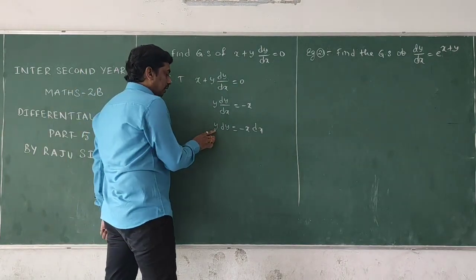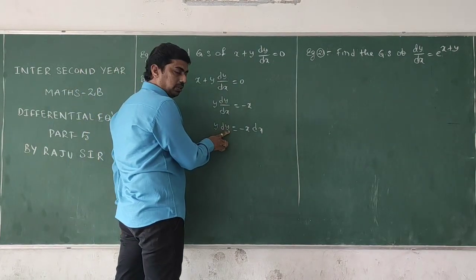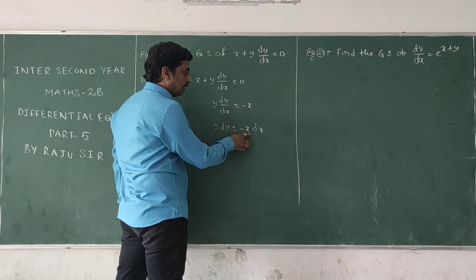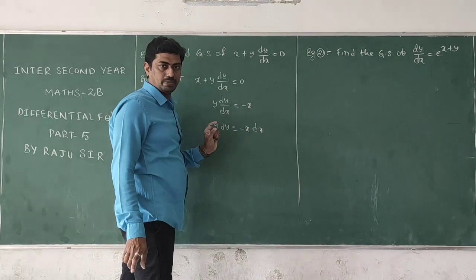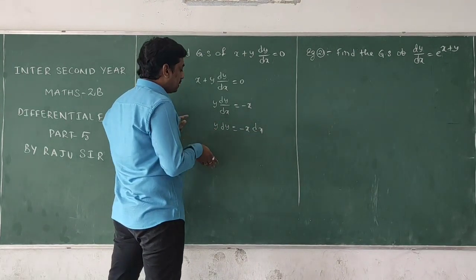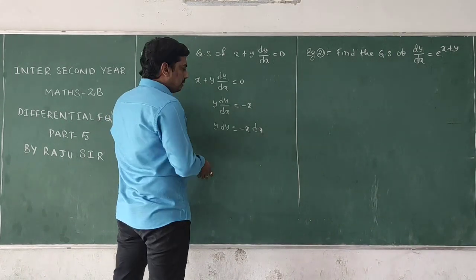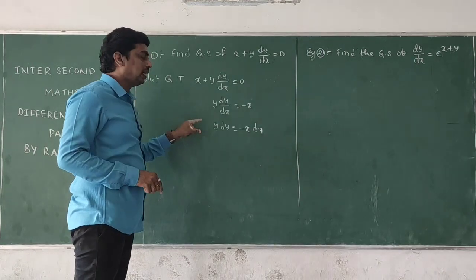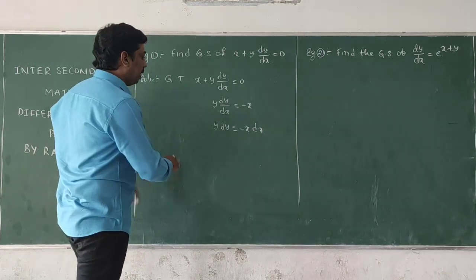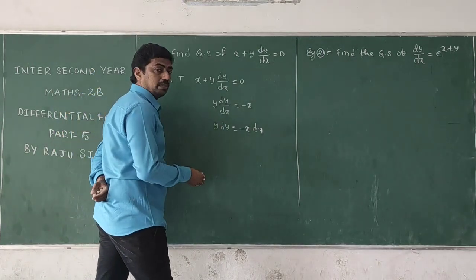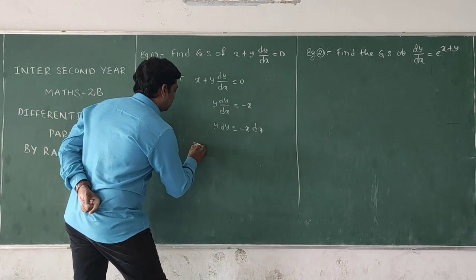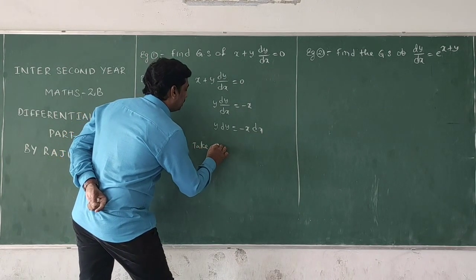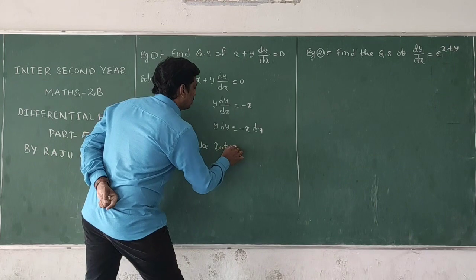So the term in terms of y is with respect to y, and the term in terms of x is separated with respect to x. That is how we separated the variables, so we have the choice to solve this in the variable separable method. Now what is the next step? Take integration on both sides.